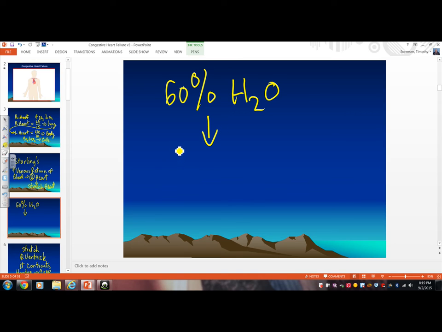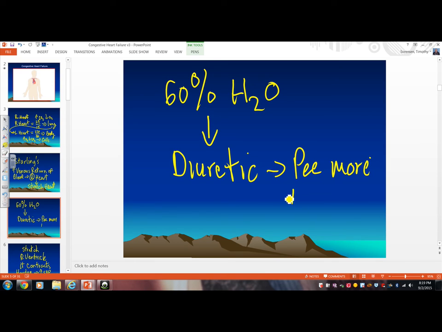So what the doctor's going to do is give you a diuretic. What does a diuretic do? It makes you pee more than normal. It makes you pee more water.